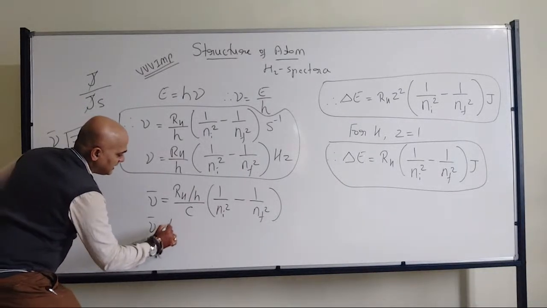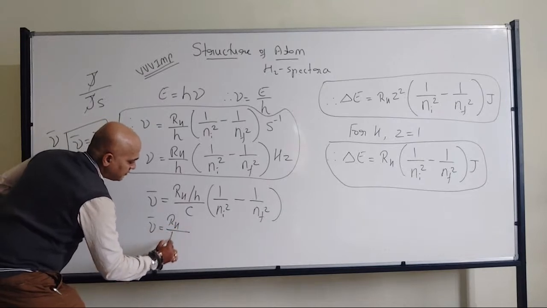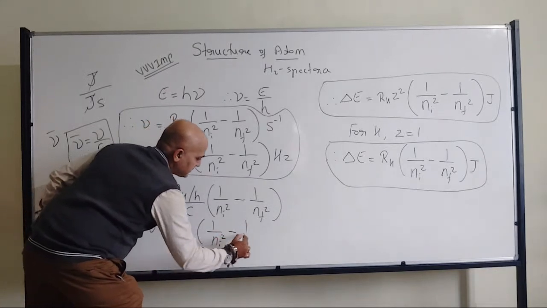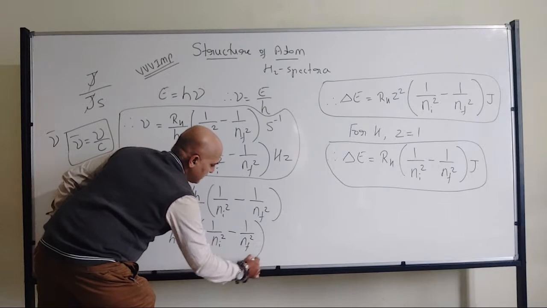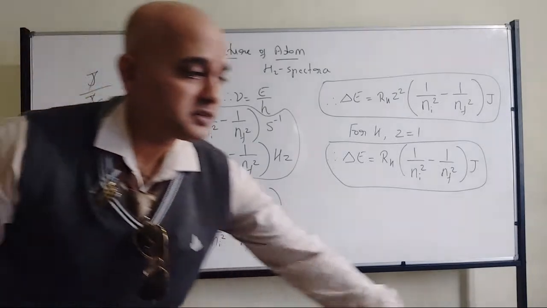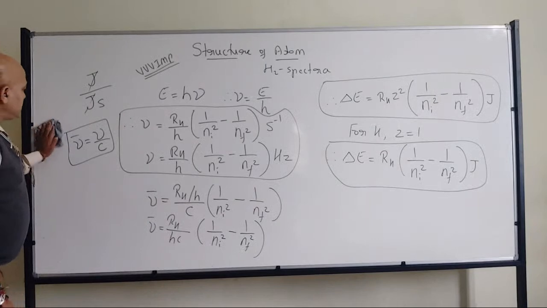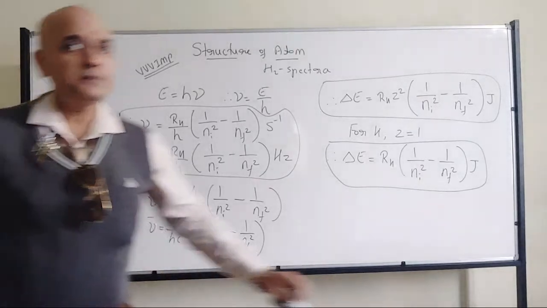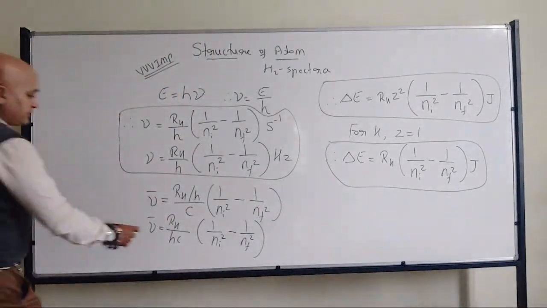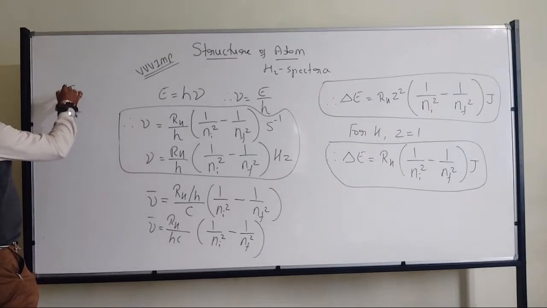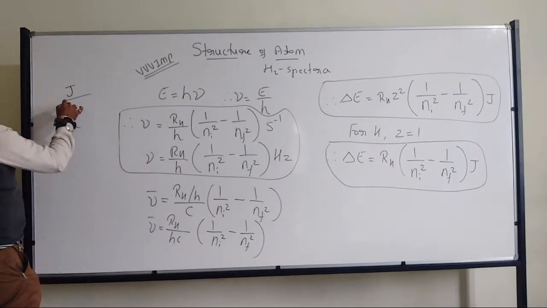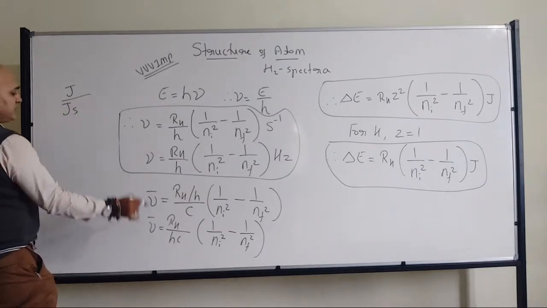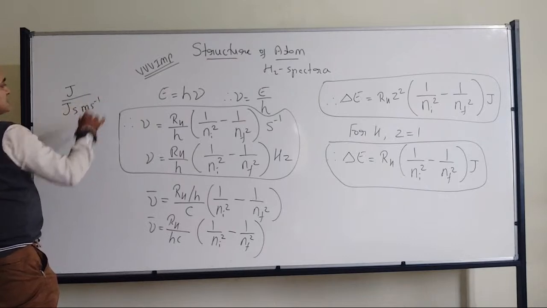If I rewrite it as RH divided by hc, times 1 by Ni square minus 1 by Nf square, what unit can we write? RH is joule, h is joule second, and the speed of light is meter per second.